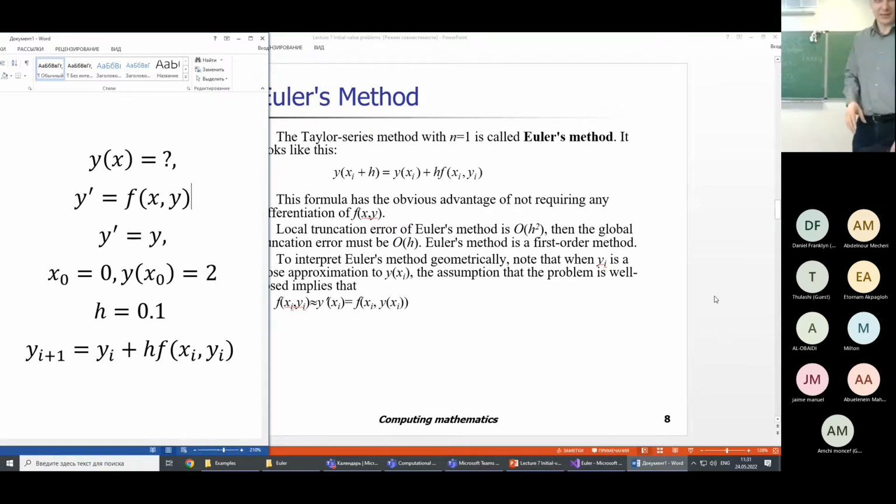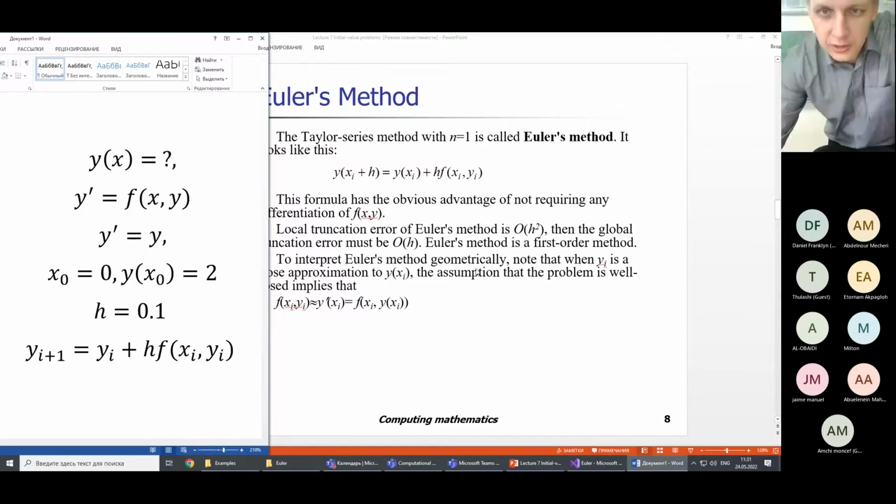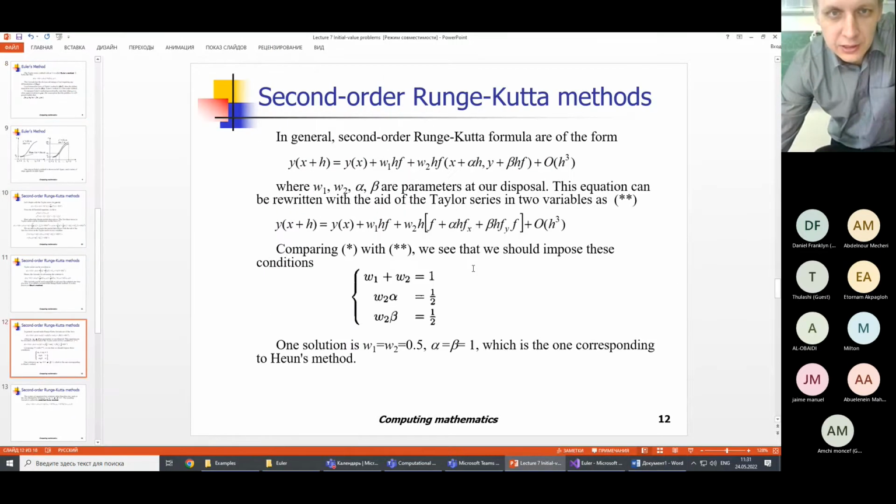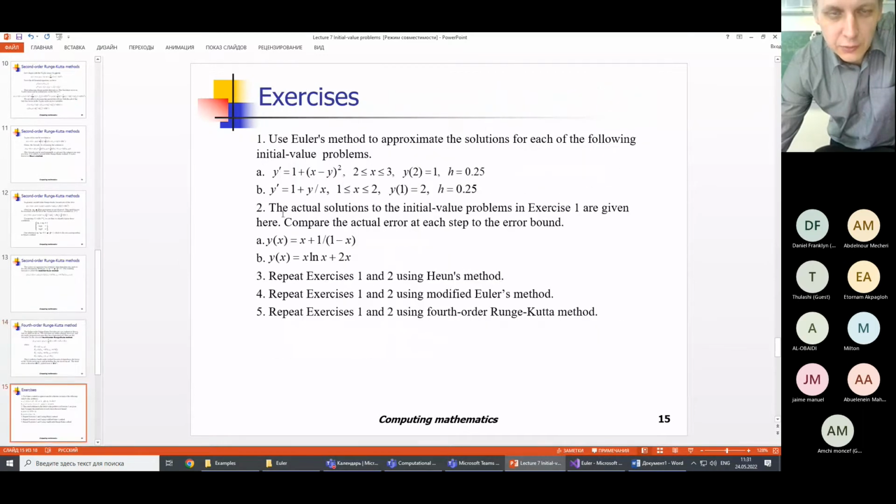To understand it better, let's solve another equation. It's written here on this exercise.